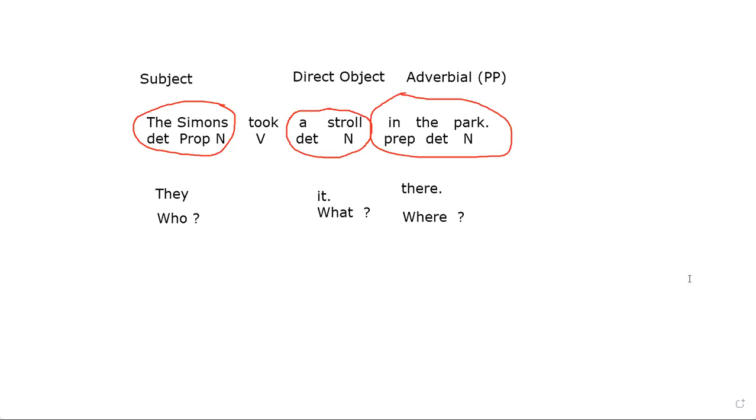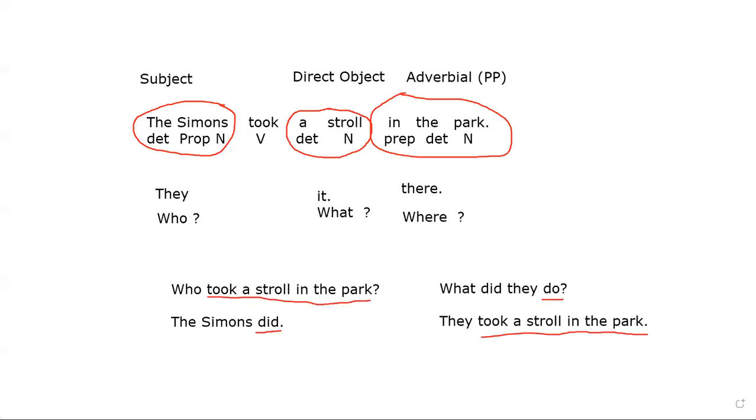Does that verb took exist separately by itself, right? Well, let's try our question form. Okay, if I ask the question, who took a stroll in the park? I could answer, the Simons did.